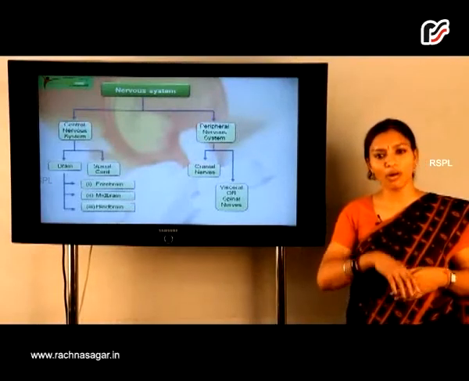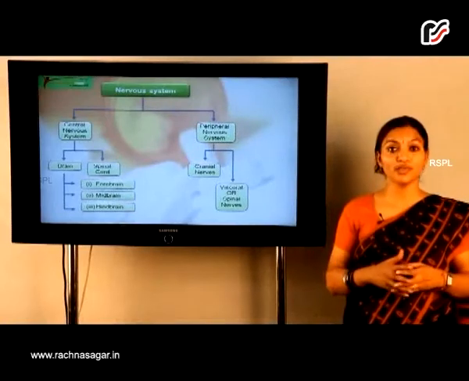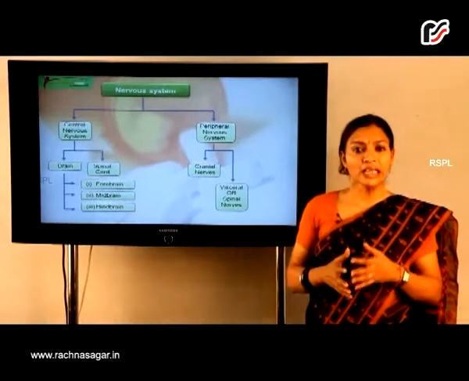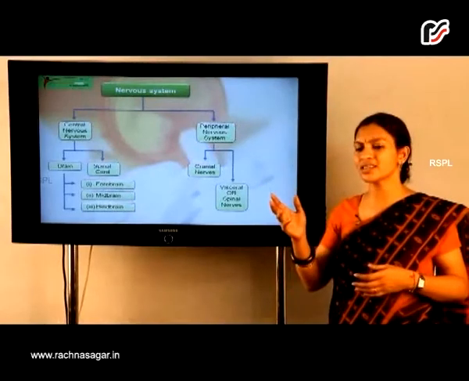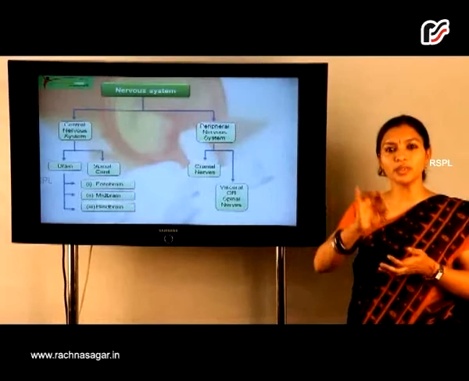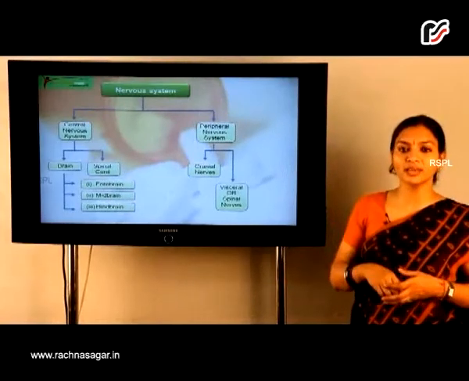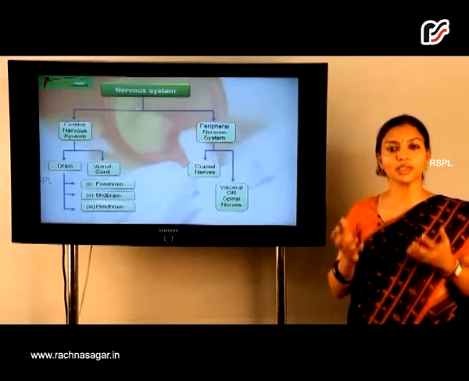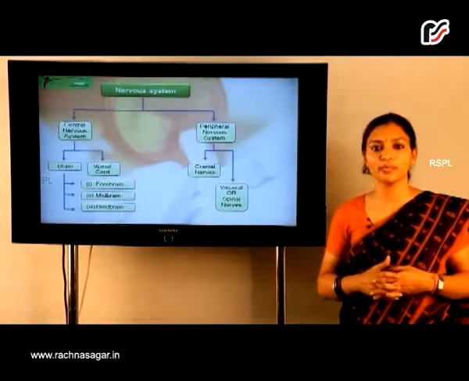Second, it also controls all the reflex actions and protects us in harmful situations. Third, it enables us to think, to reason, to memorize. In childhood we have read about ABCD, Kaka Gaga, and we are able to memorize and remember till date. It's all because of the brain, it's all stored there. So it helps in thinking, reasoning, memorizing.